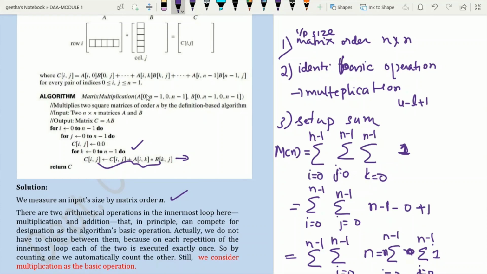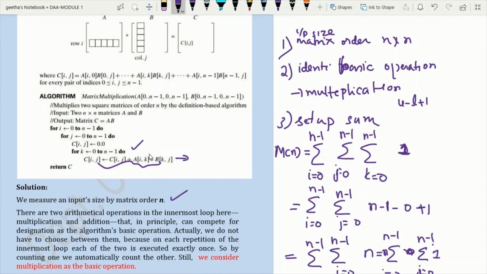There are two input matrices A and B, and finally the result needs to be stored in the C matrix. The input size is the matrix order n cross n. Then let's identify the basic operation.